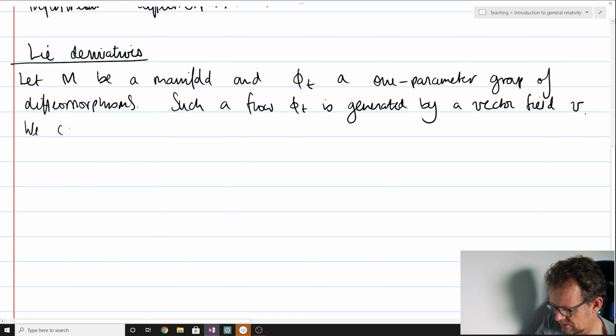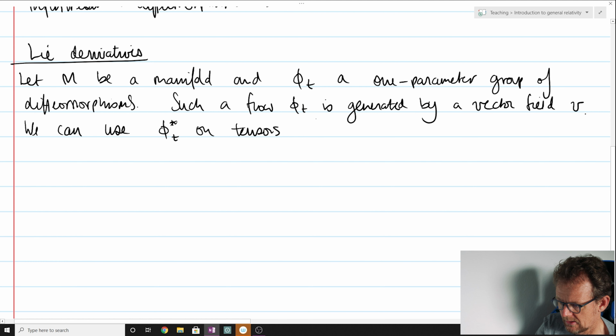So we can use phi star t, all right, this is the map induced on tensor fields, to define, well, so what?